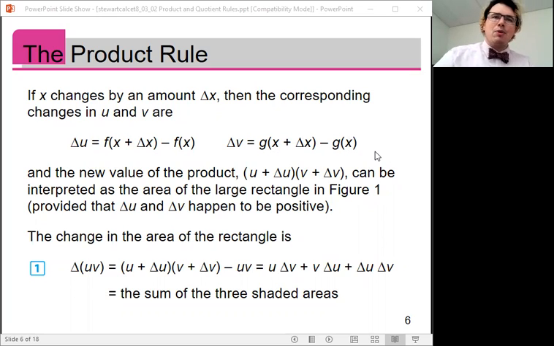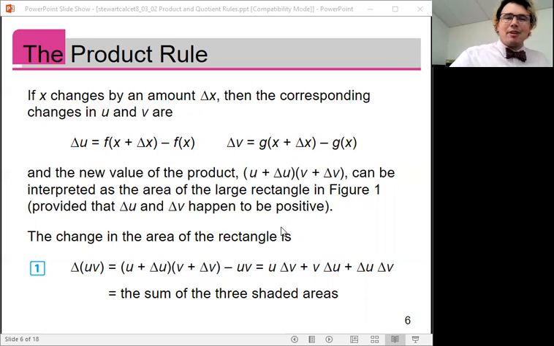So if I'm going to calculate how much does the product change, well, then delta of the quantity u times v has to be u plus delta u, quantity times quantity v plus delta v. And then I subtract the original value of u times v.